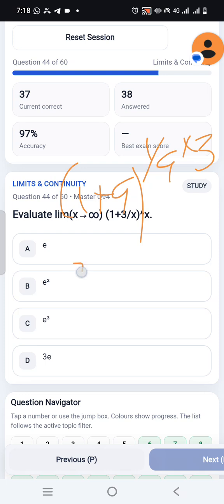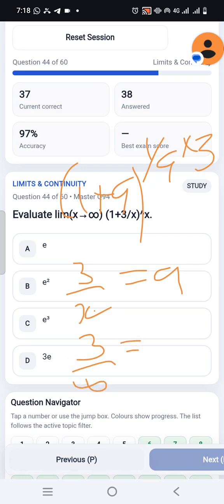Remember that my 3/x is equal to a. So as x tends to infinity, that will be 3 over infinity. My a tends to what? A number divided by a very, very big number will give me something very close to 0. So my a tends to 0 at that point.